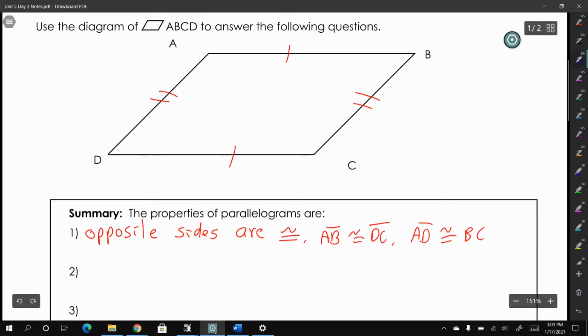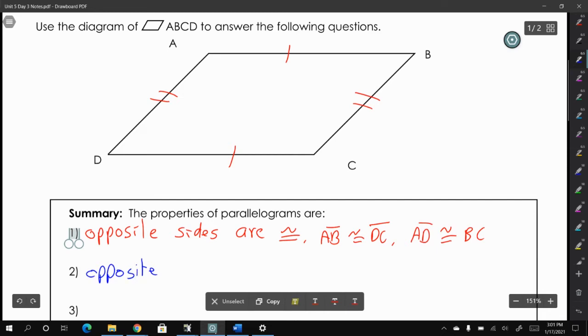The next property is that the opposite sides are also parallel. So AB is parallel to DC.